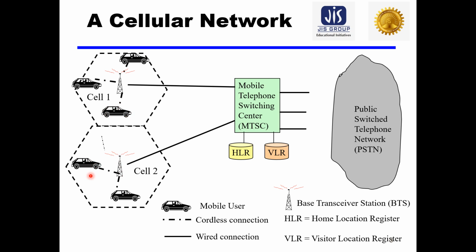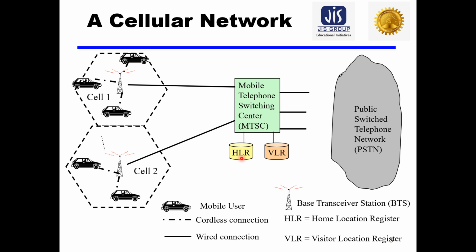And in the second cell also there is connectivity between the mobile subscribers, which is served by cell 2. Then this base station and this base station are interconnected through the MTSC, mobile telephone switching center. Okay, this provides the interconnectivity. It is sometimes called MTS also.